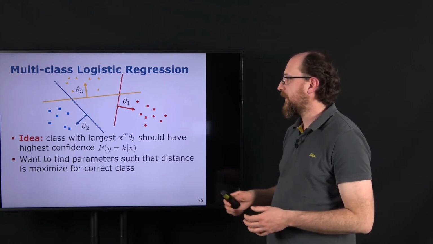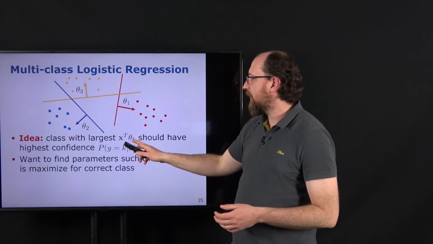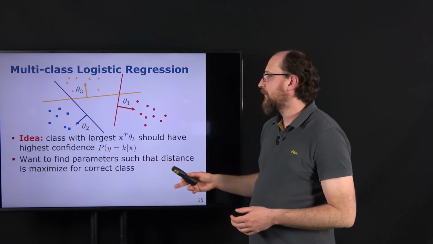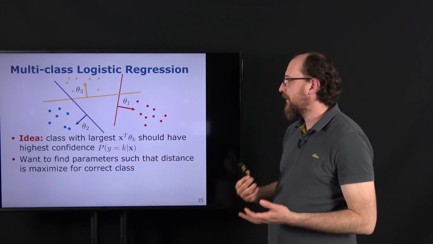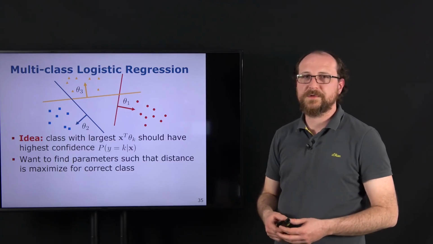So to say, we want to have that the largest distance to a theta should also have the highest confidence in the end. And we want to find a parameter such that the distance is maximized for the correct class, so to say.